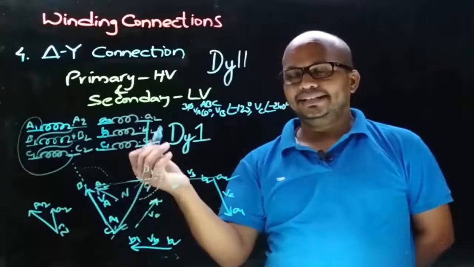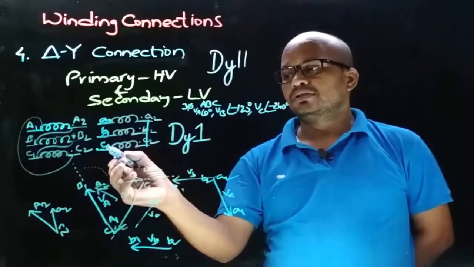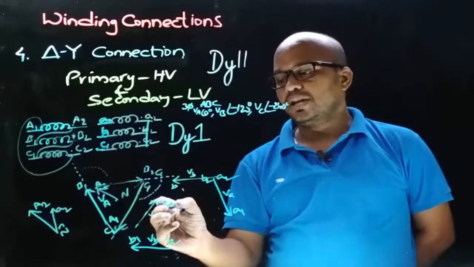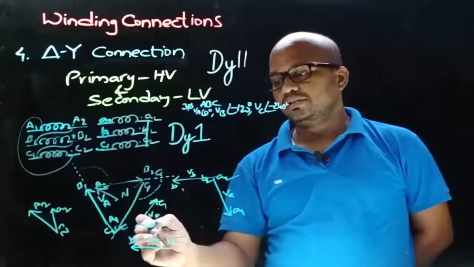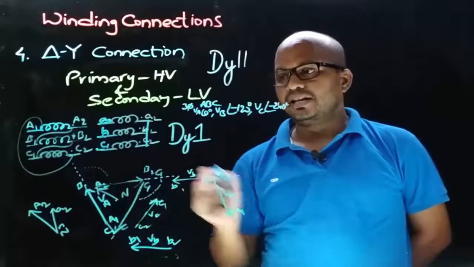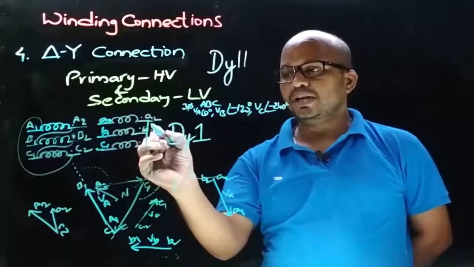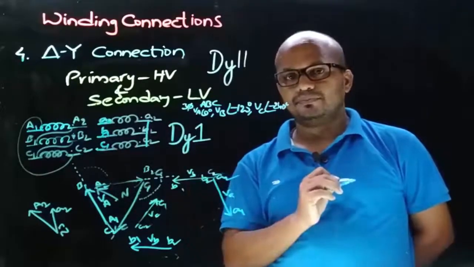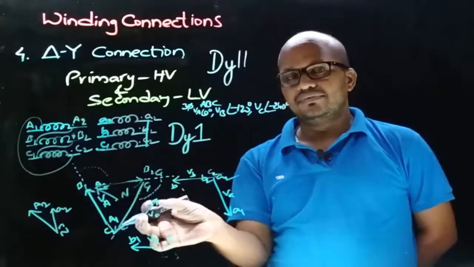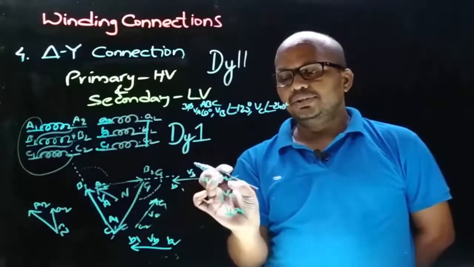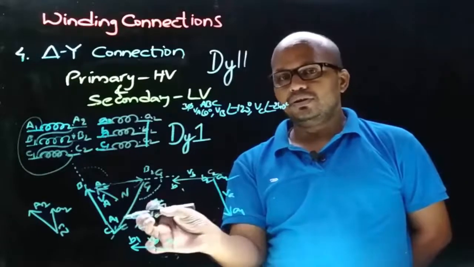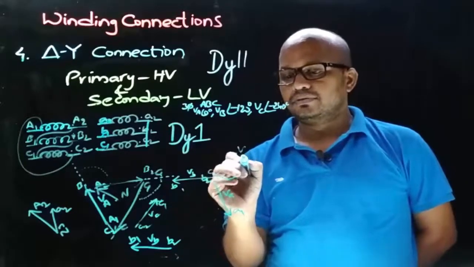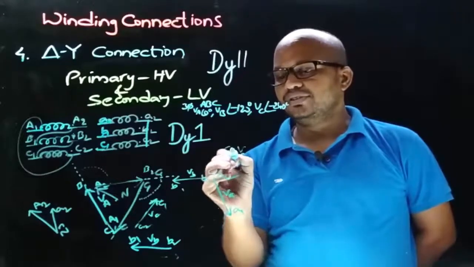Now let's decide the terminals of the VC phasor. As the connection is taken from the non-dot end terminal, that is C1, the arrow will point towards C1 and the other end will be C2. Observing from the connection that A2 and B2 are joined with C2, we must get C2 here. So draw this phasor such that A2 and B2 have C2, like this. This is the BC phasor having the C1 terminal.